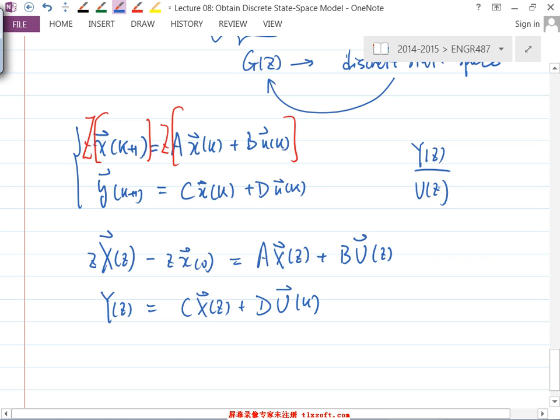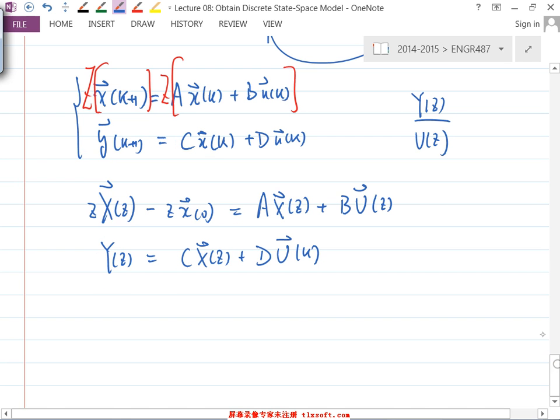From the first equation, you move this A X of z to the other side, very similar to the Laplace style. Take out the common factor, then you have zI minus A, and then you do the inverse. So you will get capital X of z equal to this.